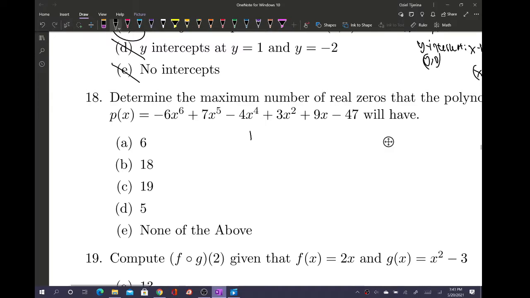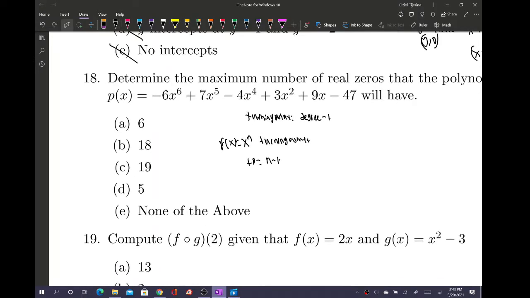The turning points number is the degree minus 1. So basically, if I have a function f of x equals x to the n, the turning points will be n minus 1.